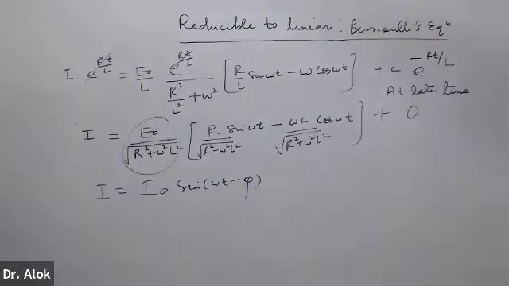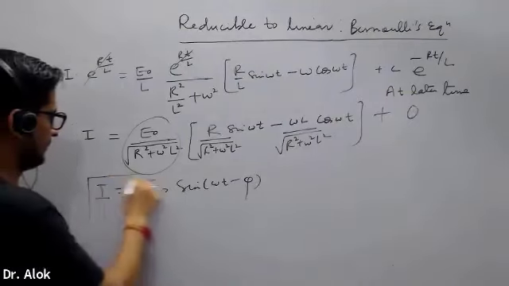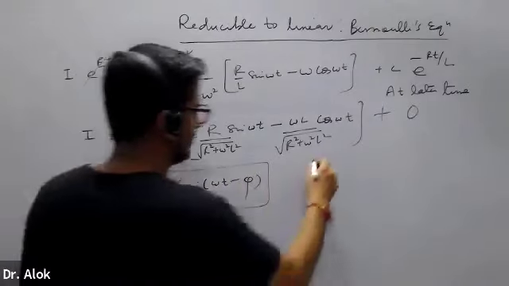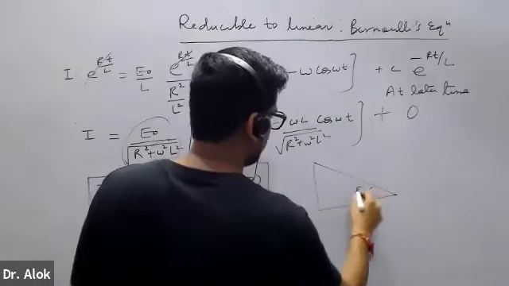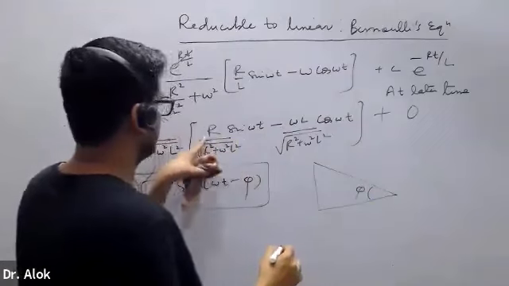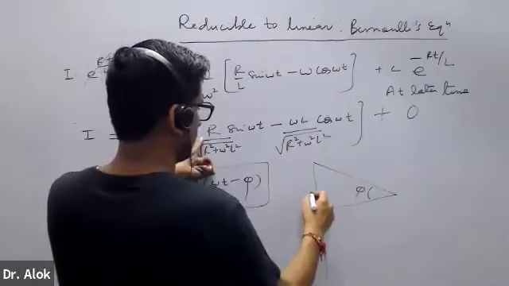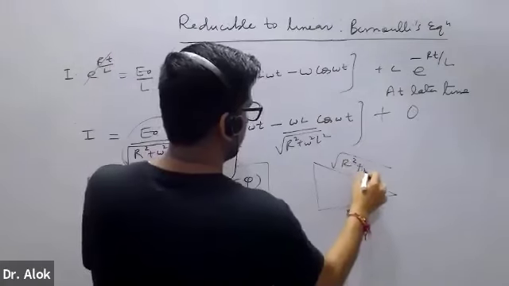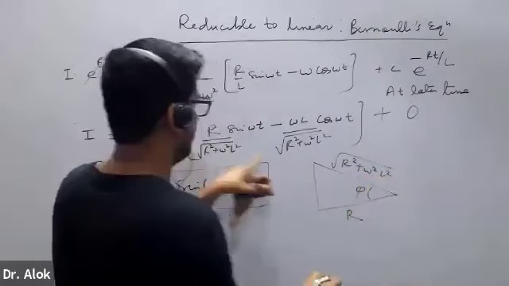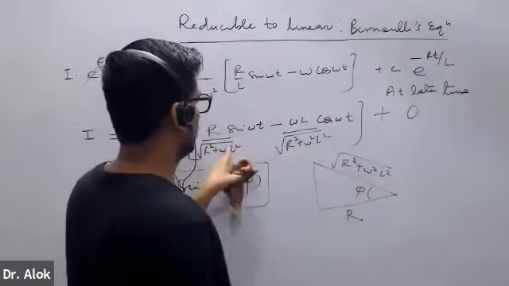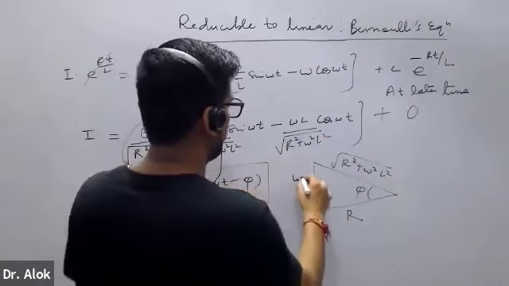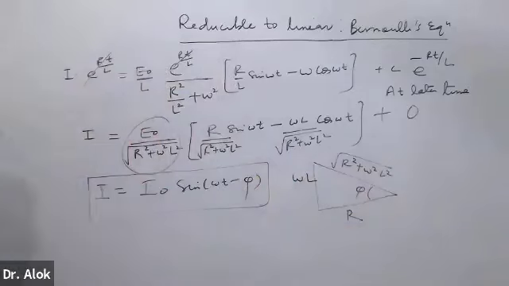So this is the answer, and let me put it like this. This is phi. This is cos, so cos means base upon hypotenuse, R over under root R square plus omega square L square, and this is sin, so altitude upon hypotenuse.